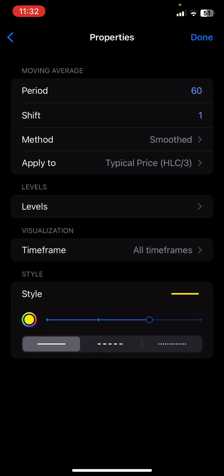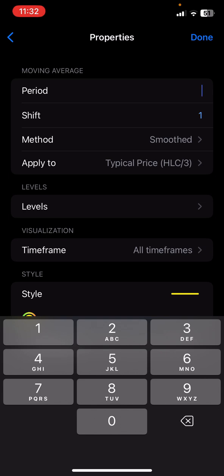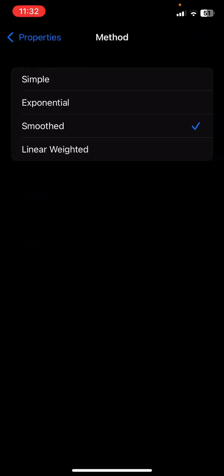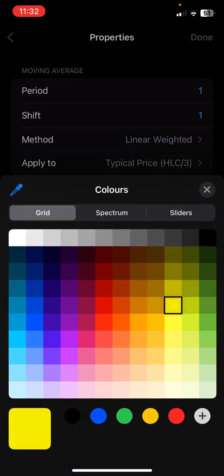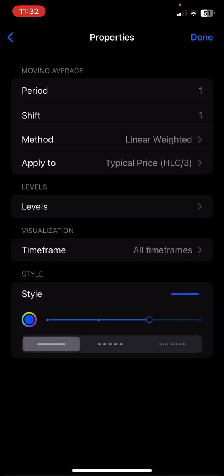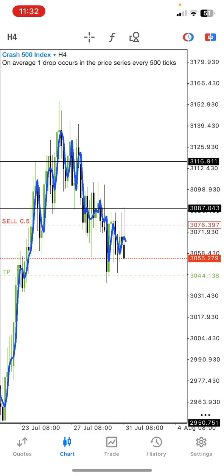Moving average, period is 1. Simple, exponential, linear weighted. I think linear weighted. Let's use something visible. Let's use blue. Okay, blue will be shown on the chart, and click done.